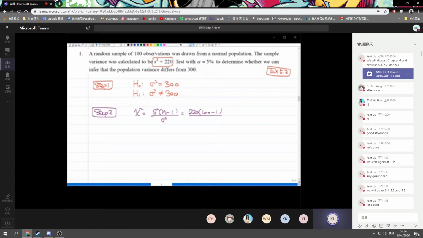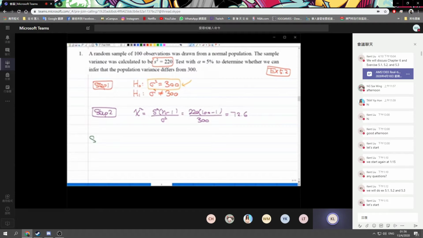Why? This is based on the idea of hypothesis testing. Remember, we are asking what if the null hypothesis is true. If the null hypothesis is true, then the variance, according to this, will be 300. So we will put down 300 here. So here the statistic is 72.6.